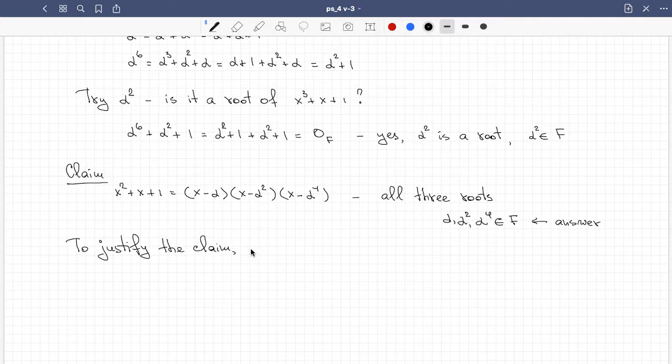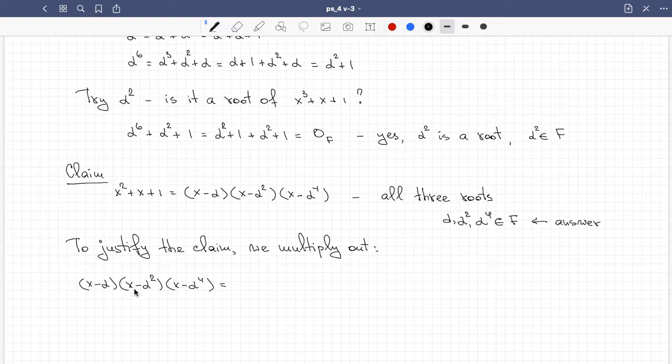I multiply out x minus alpha, x minus alpha squared, x minus alpha to the 4.